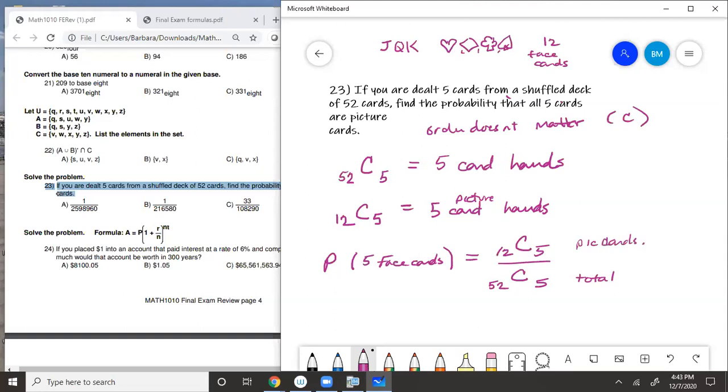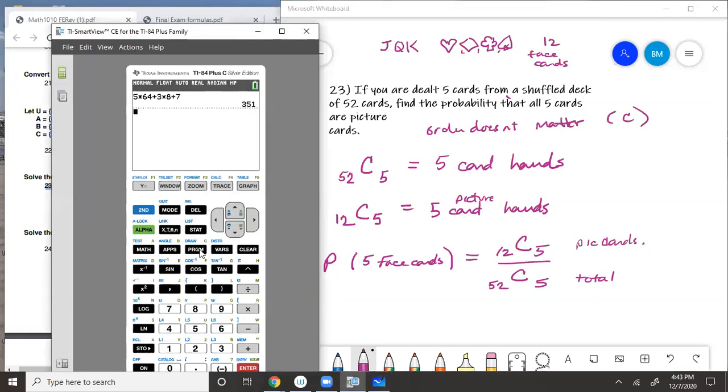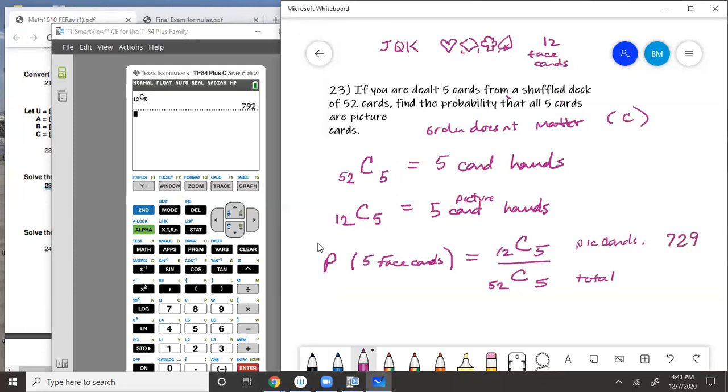Okay, so that's what we put on our calculator. We press the number 12, then math, prob 3. Now we have this nCr formula, r is 5. So the numerator is 792.